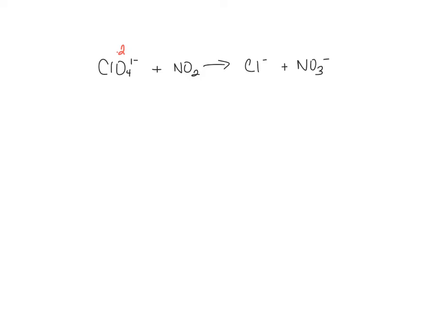So, do this down here. So, chlorine plus oxygen, and there's 4 of them, equals -1. So chlorine plus 4 times -2 is -8 equals -1. So chlorine is +7.